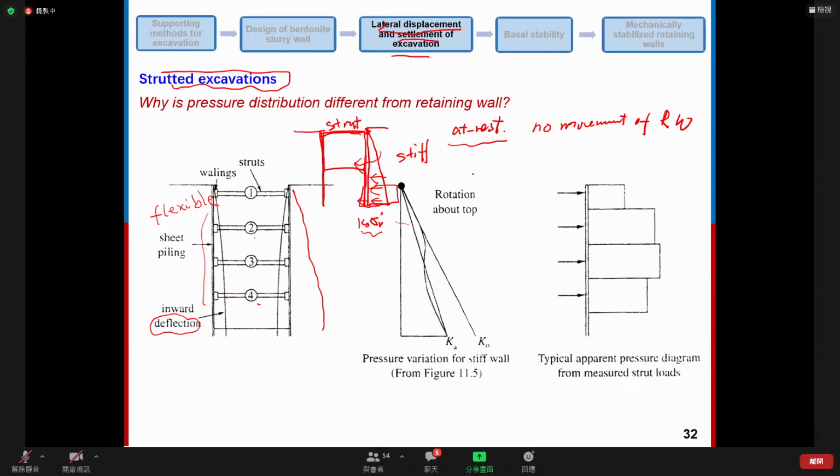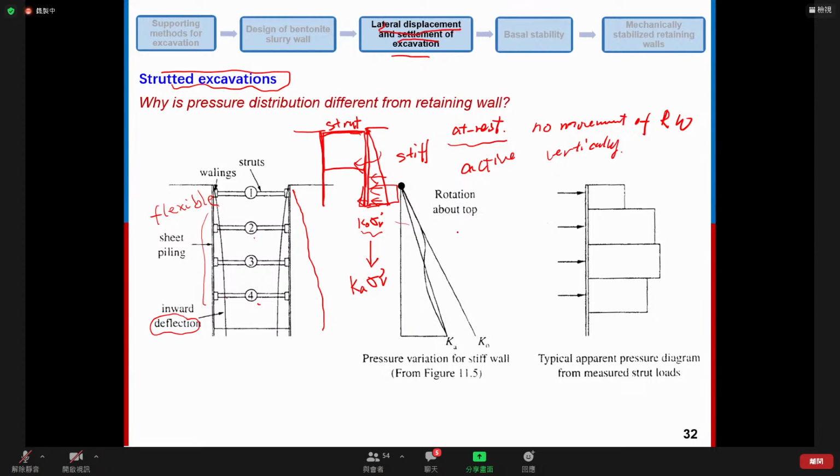So it will become an active condition, which means the soil is compressed vertically. So in this case, the soil is going to be Ka times the vertical stress.